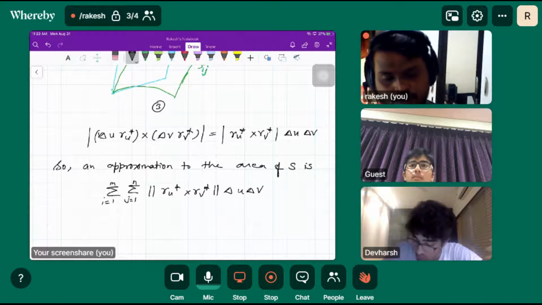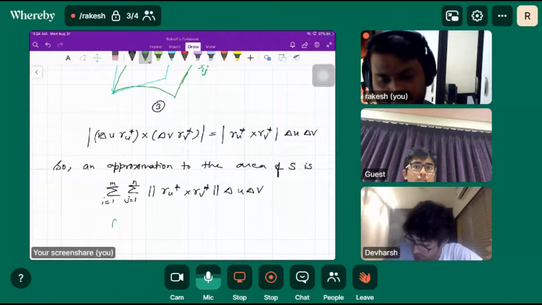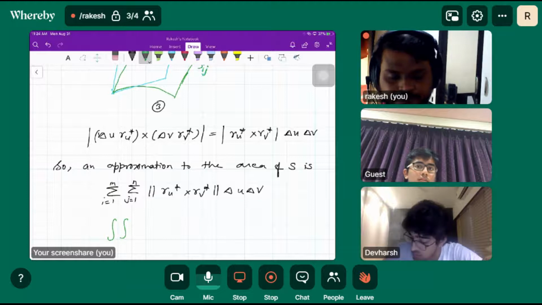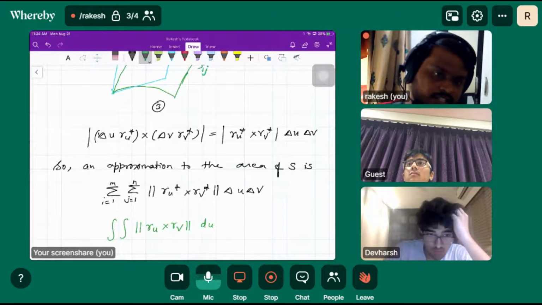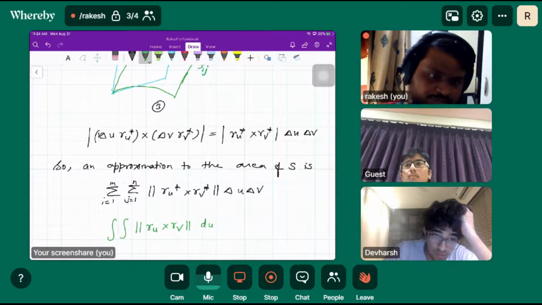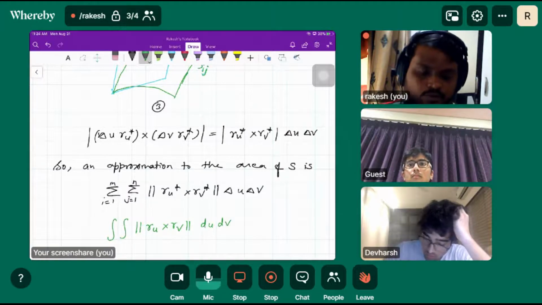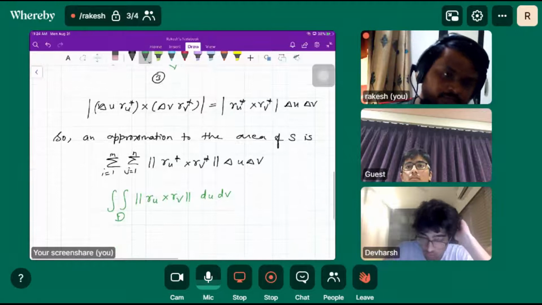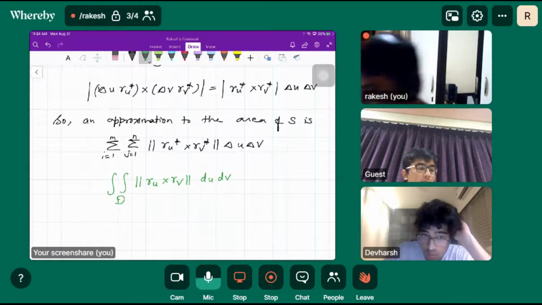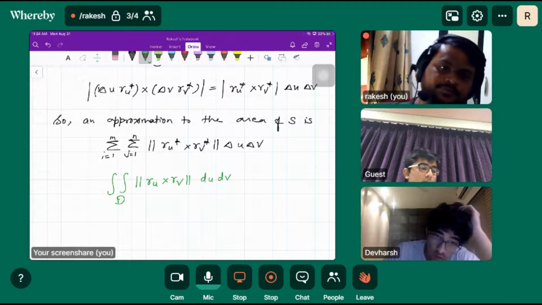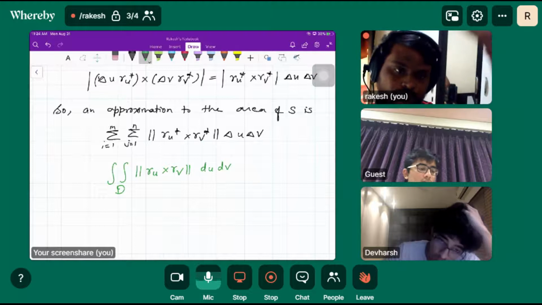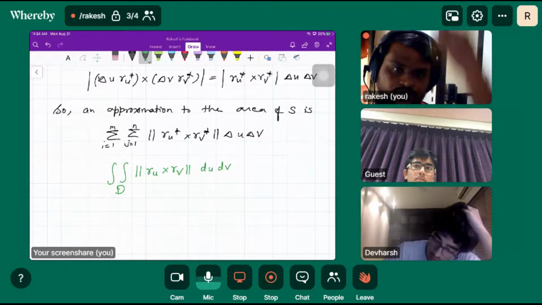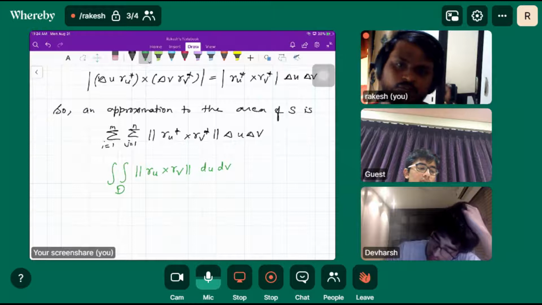So now this double summation can be replaced by the integration of magnitude of ru cross rv, and this difference is replaced by the differential du dv over the domain of u and v, because we'll set u equal to something to something, and v equal to something, so that will be defined by the domain of u and v.